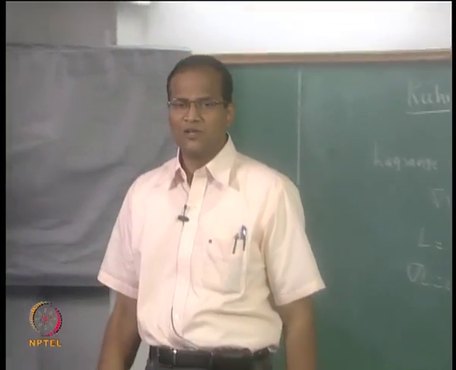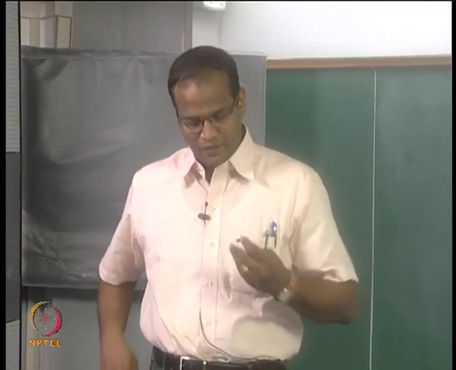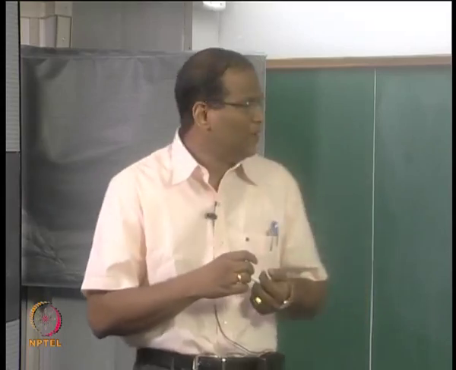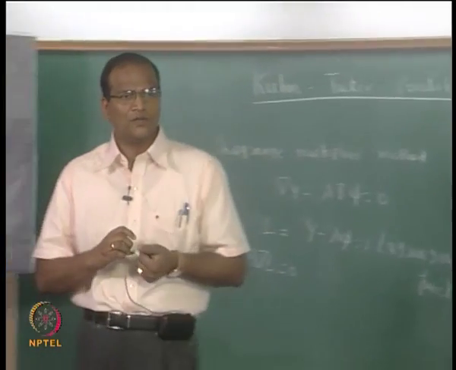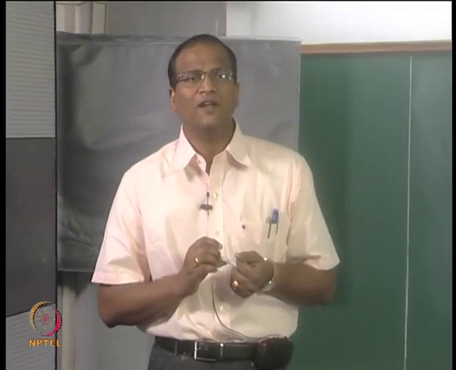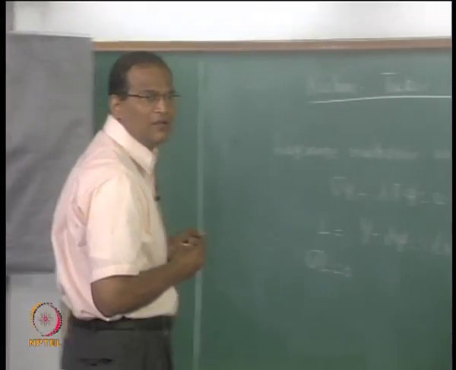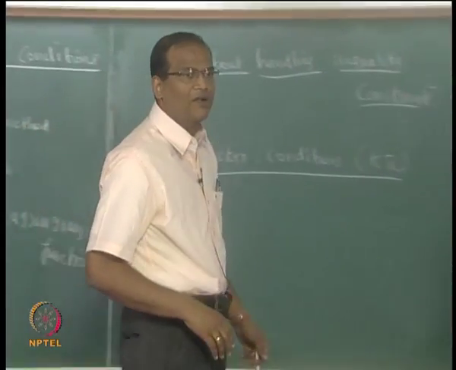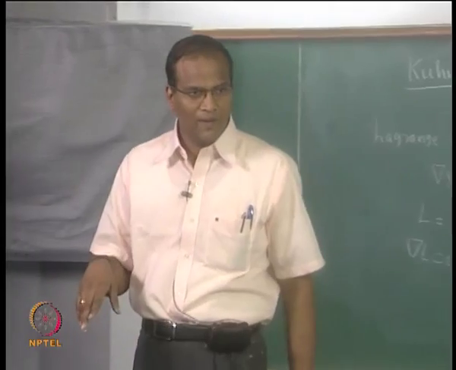Before going into what these Kuhn-Tucker conditions are, something from a point of view of history. Professor Tucker is no longer alive. He was the PhD advisor of John Nash, who won the Nobel Prize for economics in 1994, who was the subject of the movie A Beautiful Mind, okay.